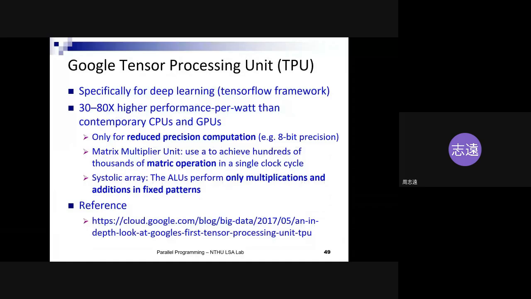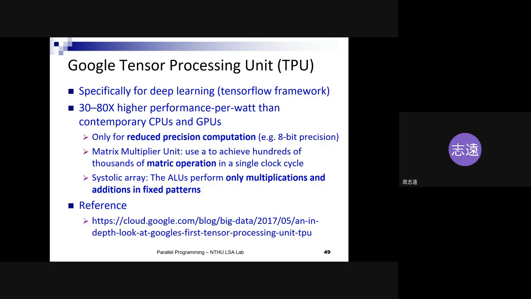Okay, the last one is a specialized processor. It's specialized because this kind of processor can only perform certain operations or instructions. And of course, for those specific instructions and operations, they can gain a lot more performance than the general purpose processor.